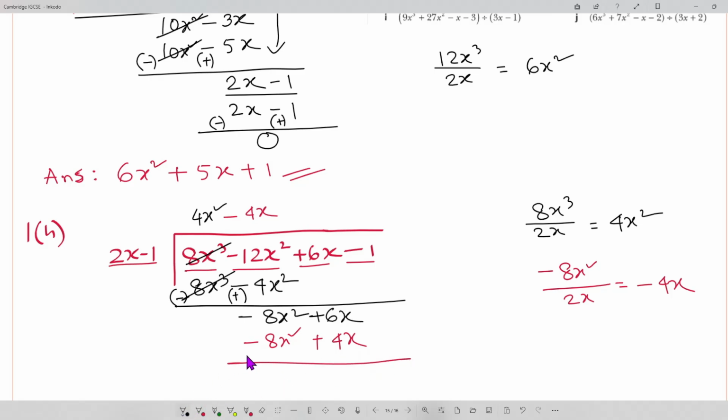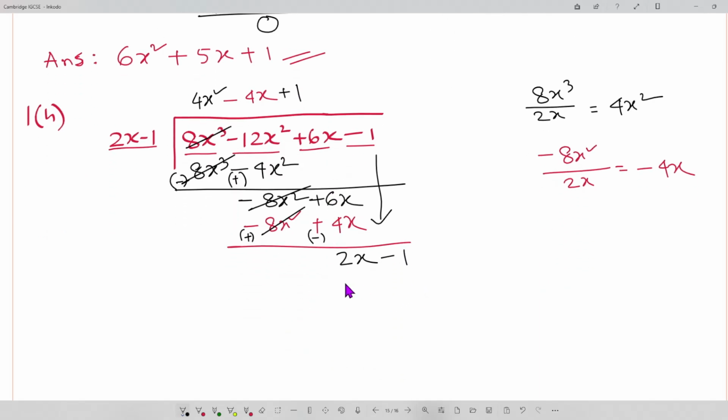Then here is plus, this one is minus. So minus 8x square plus 8x square is out. 6x minus 4x will be 2x, and we will bring down the last term minus 1. So here is plus 1, then we will get 2x minus 1. Here is no remainder. Our answer is 4x square minus 4x plus 1.